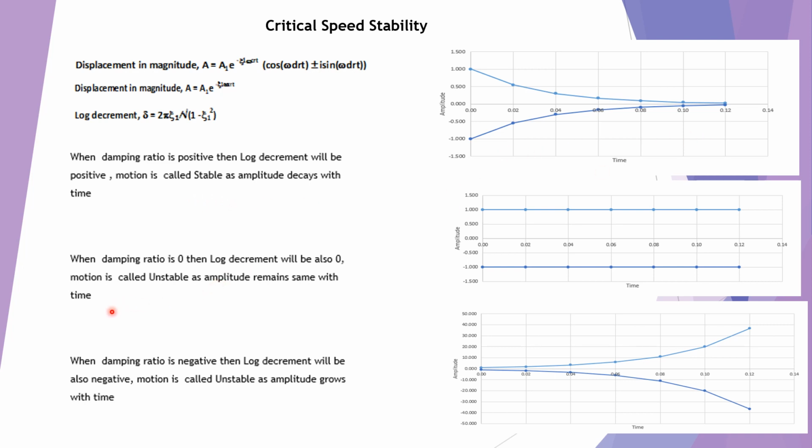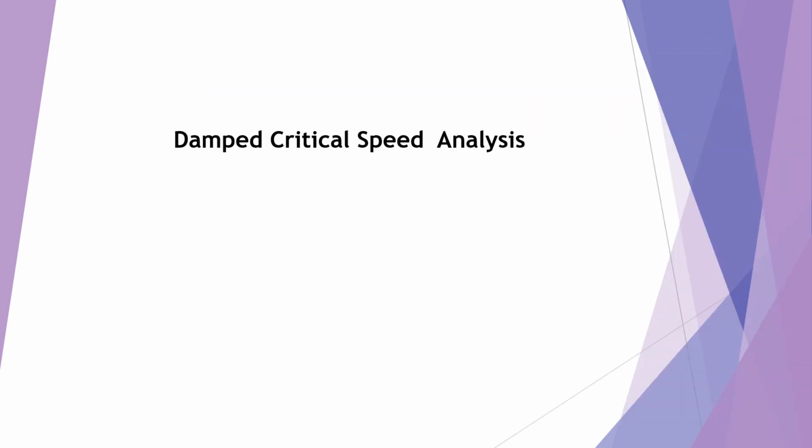Here the damping ratio is 0, so the log decrement is also 0, and the amplitude remains constant. Here the damping ratio is negative, the log decrement will also be negative, and the motion becomes unstable because the amplitude starts increasing. So this is unstable, also considered not safe, and the first one is considered a stable case.